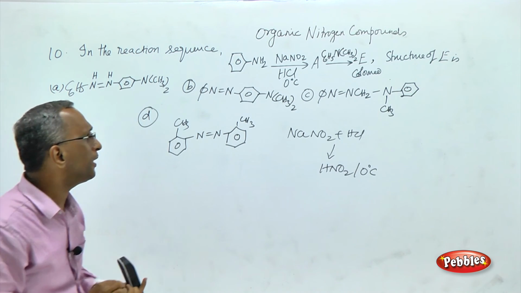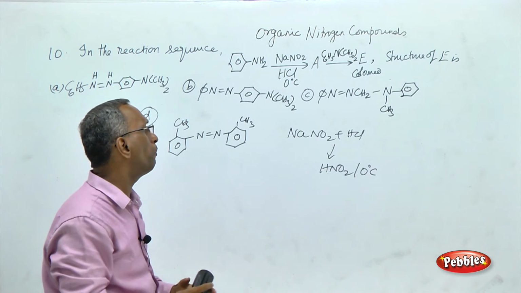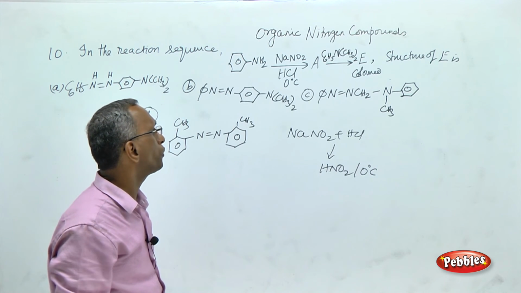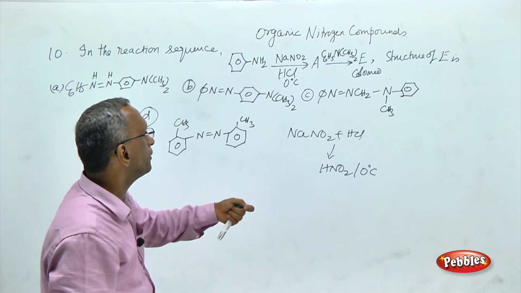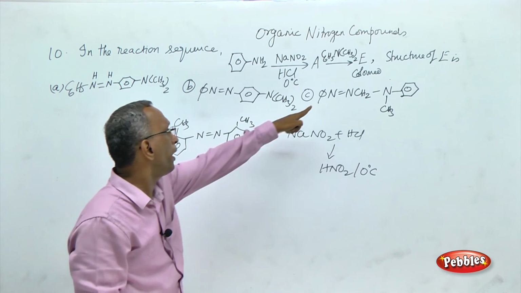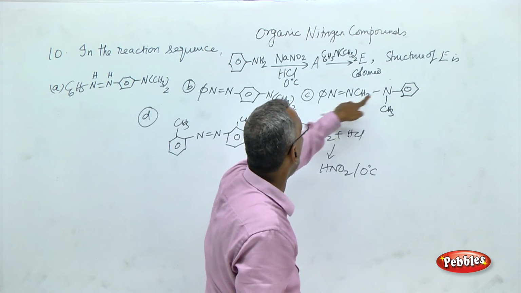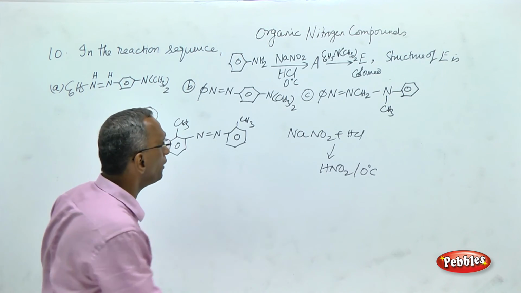The third one is C6H5N=N-CH2-N(C6H5)CH3. Here there is a methylene group between 2 nitrogen atoms. That is the third structure.